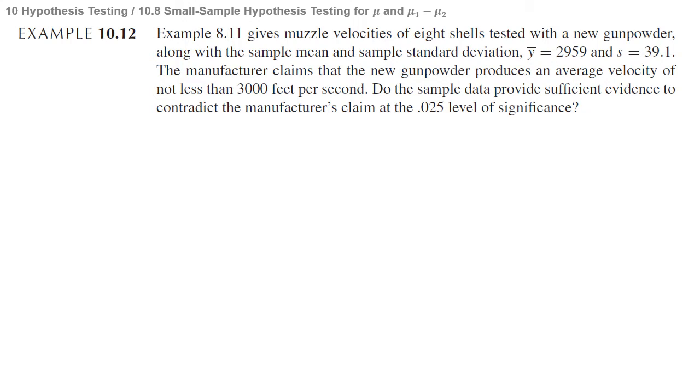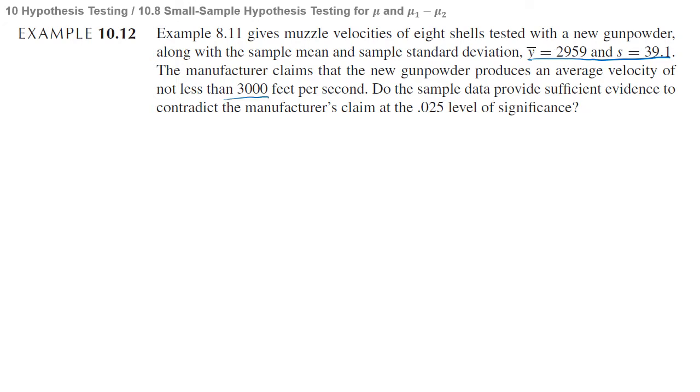Let's move on to example 10.12. Example 8.11 gives muzzle velocities of 8 shells tested with a new gunpowder, along with the sample mean and standard deviation. The manufacturer claims that the new gunpowder produces an average velocity of not less than 3,000 feet per second.